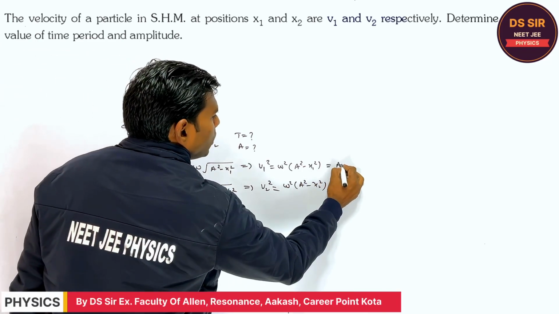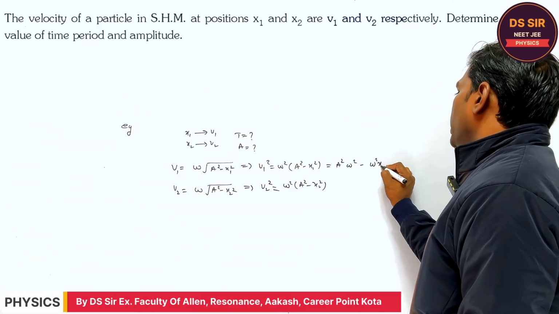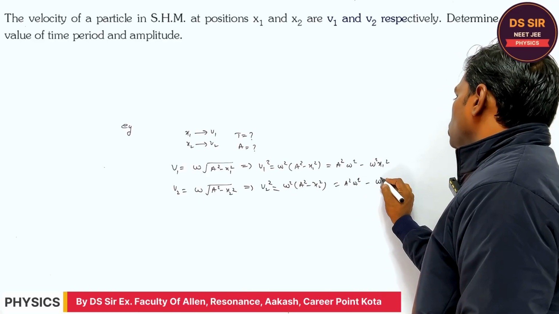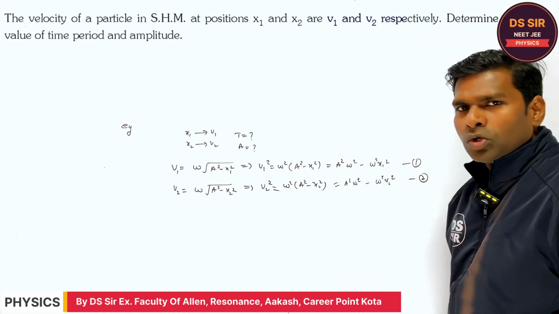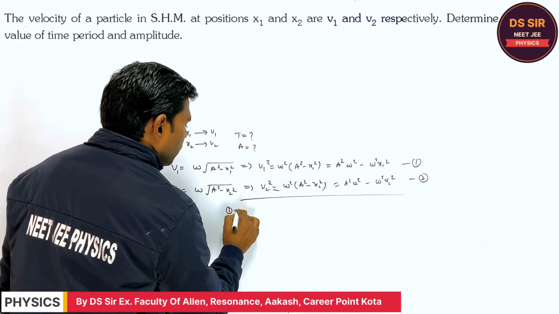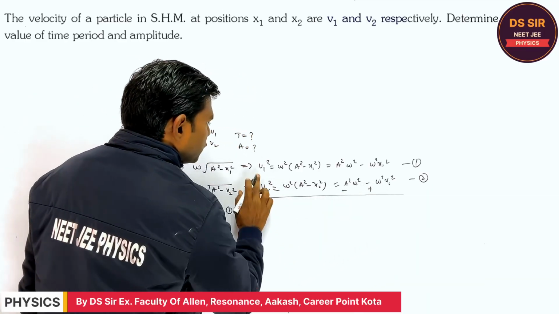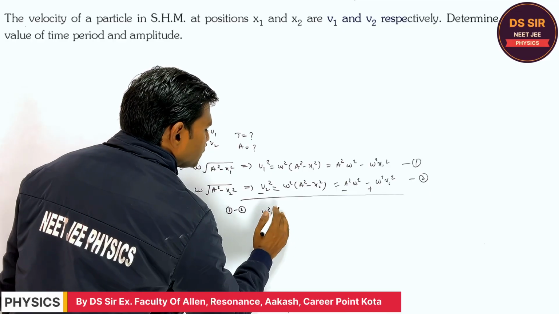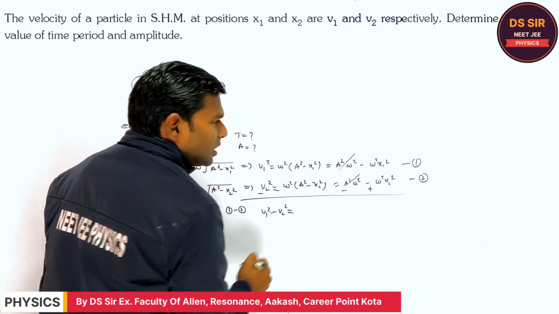So this is equal to a squared omega squared minus omega squared x1 squared, and a squared omega squared minus omega squared x2 squared. This is equation number 1 and equation number 2. If you subtract equation 1 minus 2, the a squared omega squared will cancel out.